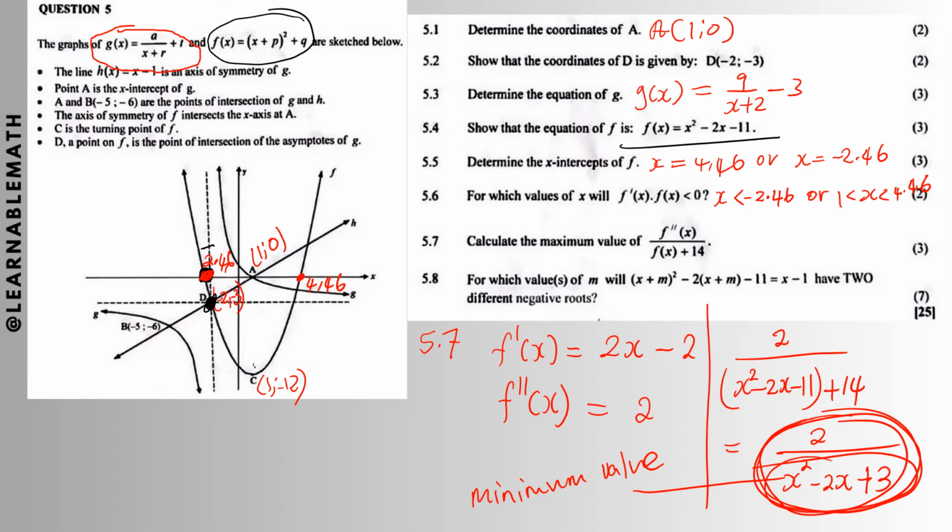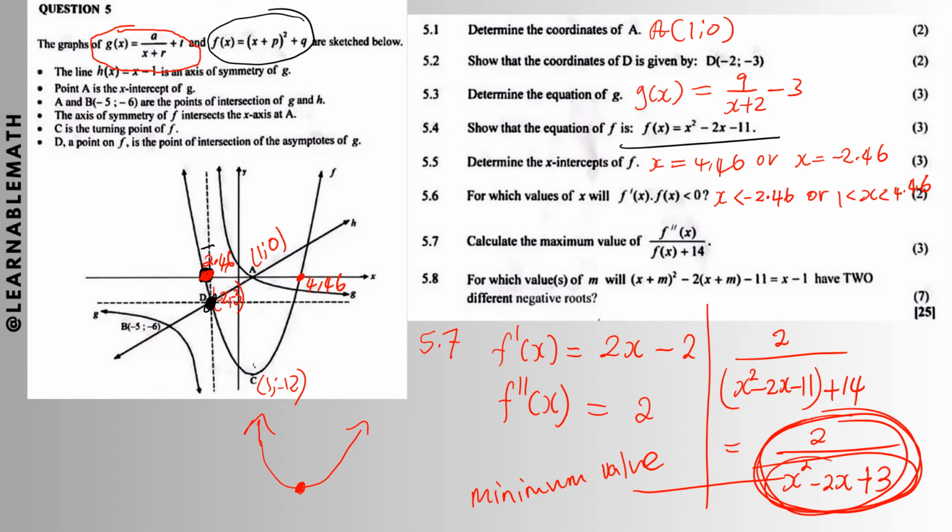To get the minimum of this one, you can just get its turning point, because this is a quadratic function that is like a smile, so obviously its minimum is the y value at the turning point. Or some of you might have noticed that on f of x they added 14, so they shifted the minimum value of f of x by 14.